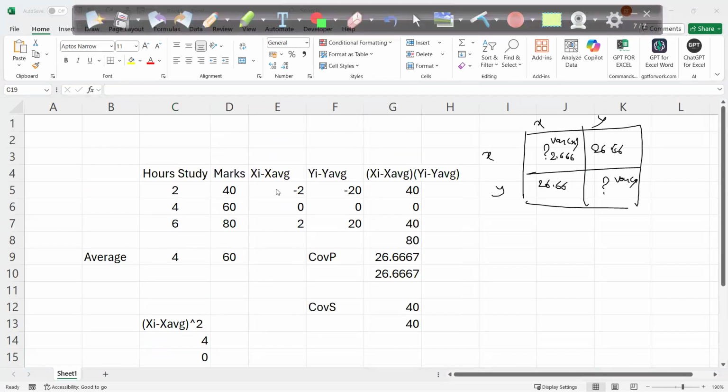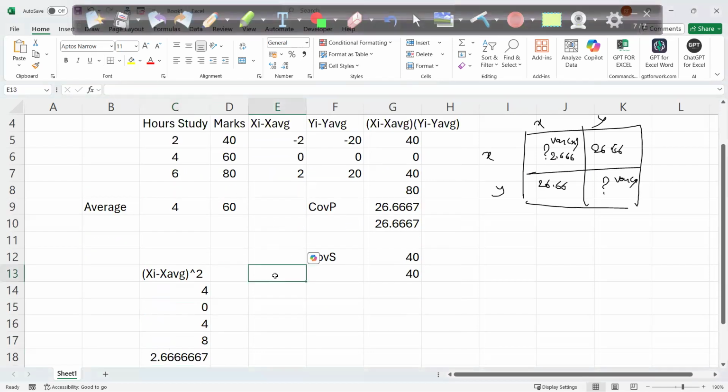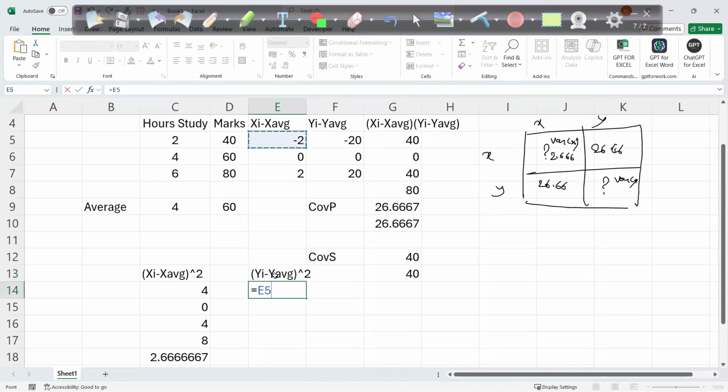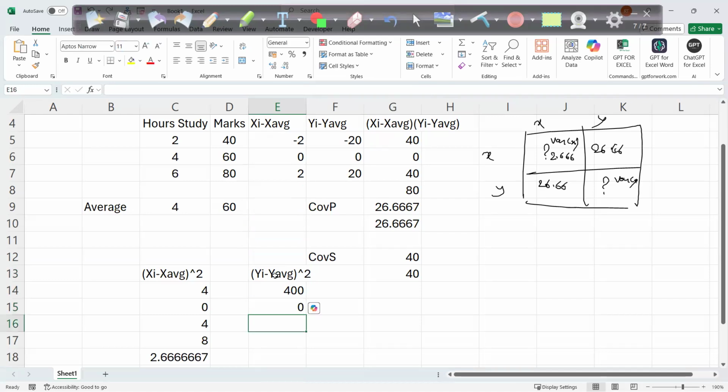Same way I will be doing for y as well. yi minus y average whole square. So what is my yi minus y average raised to power 2? yi minus y average raised to power 2, and yi minus y average raised to power 2.